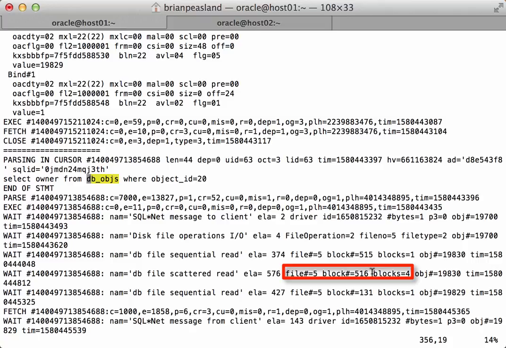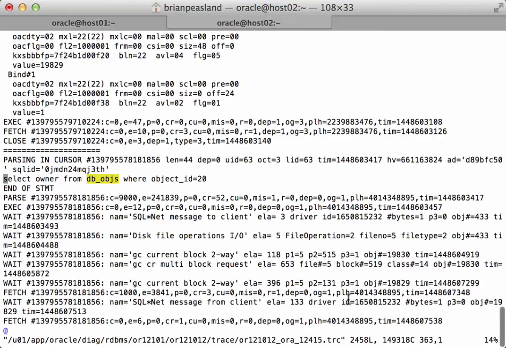So this is blocks 516, 517, 518, and 519. Yet when the data was transferred across the wire on the second global cache transfer, file 5, only block 519 was transferred, not all 4 blocks that were read in that physical read. So this is even more efficient.